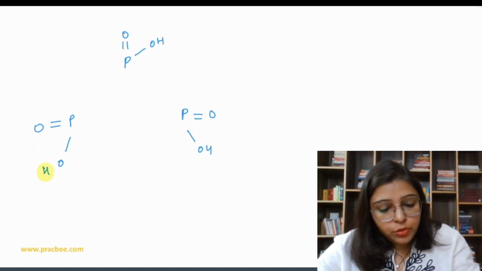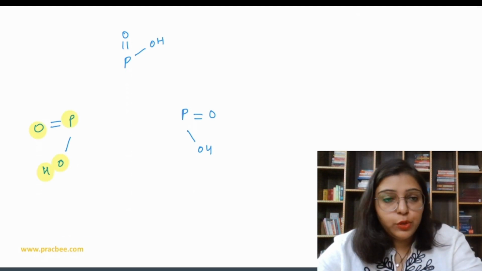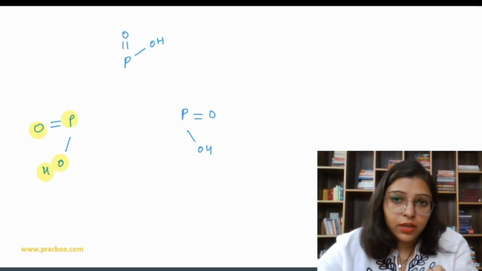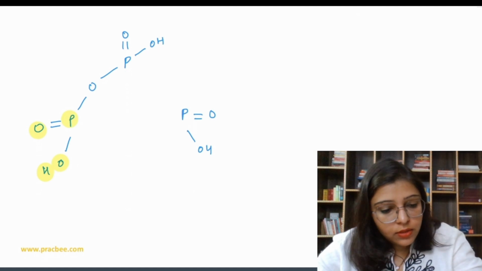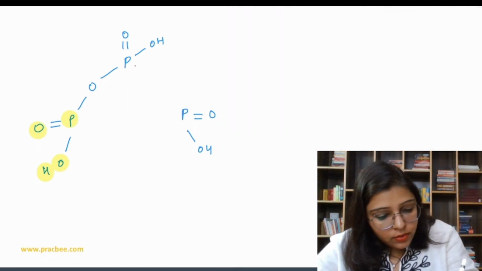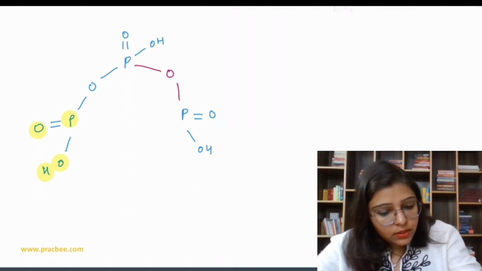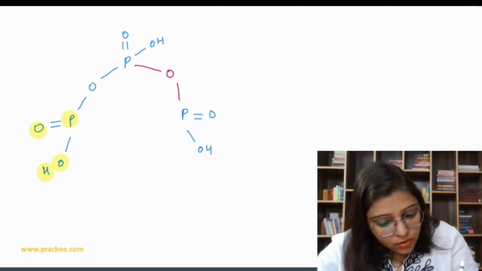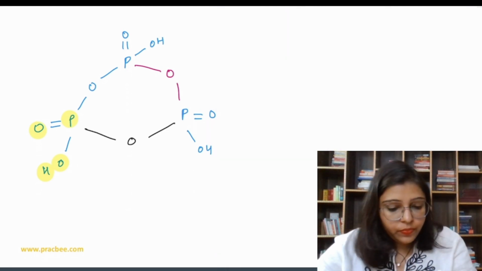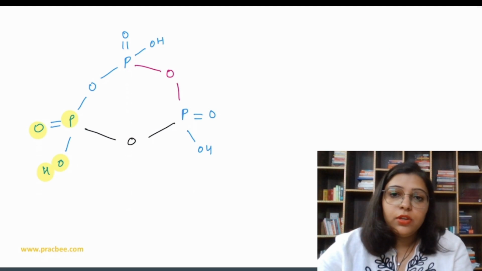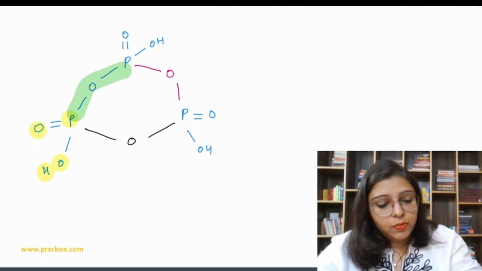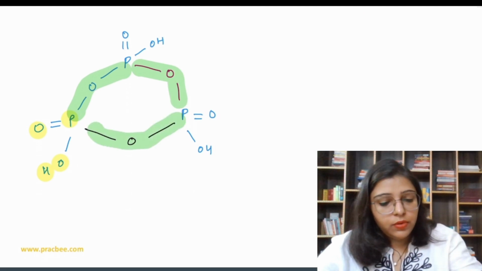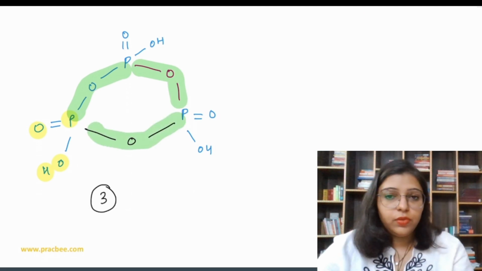HPO3 means we have to form one oxygen bridge between each pair, so we obviously have three POP bonds, 1, 2 and 3.